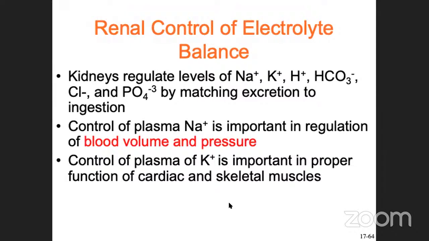If there are too many hydrogen ions in your system, it can cause acidosis, an increase in the acidity of the blood. On the other hand, if the bicarbonate level is high in your blood, it can lead to decreasing the acidity of your blood.